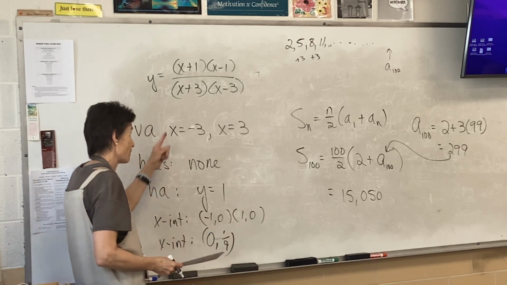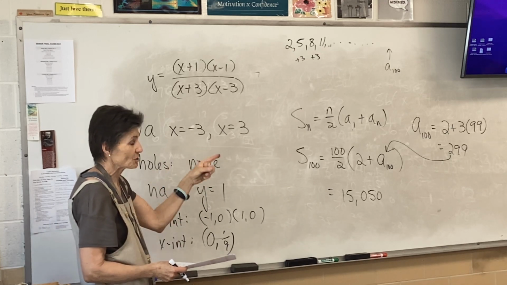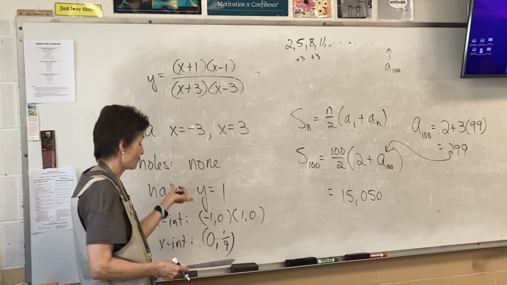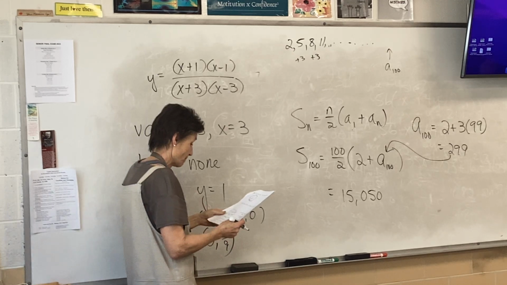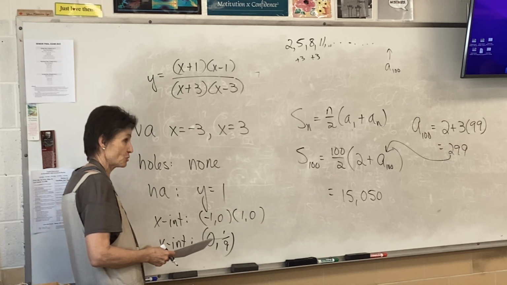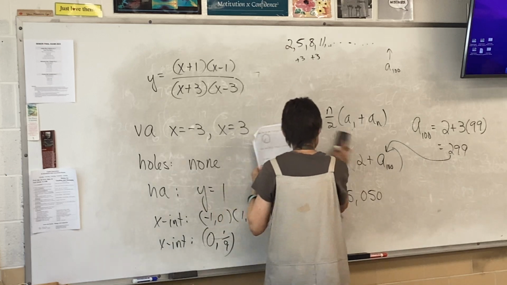So, review those rules. You've got tons of examples, because we did it back in chapter 2, and then we did it again in chapter 7. Make sure you can find all this information, because you're going to have to find one or two of them on your exam.